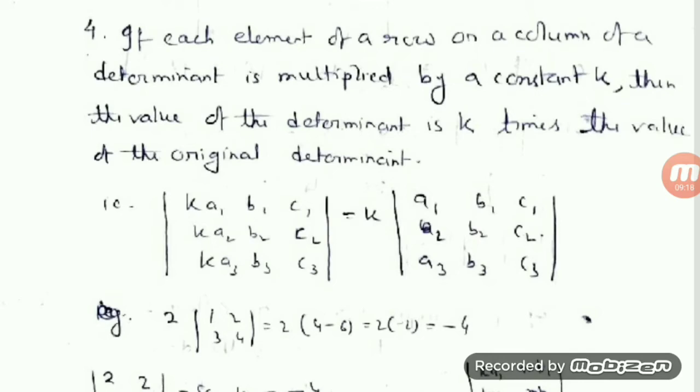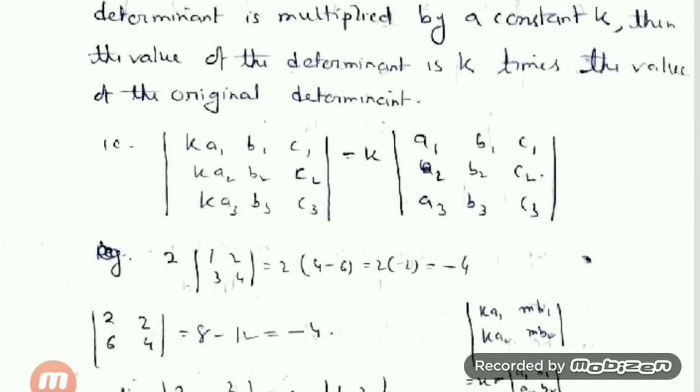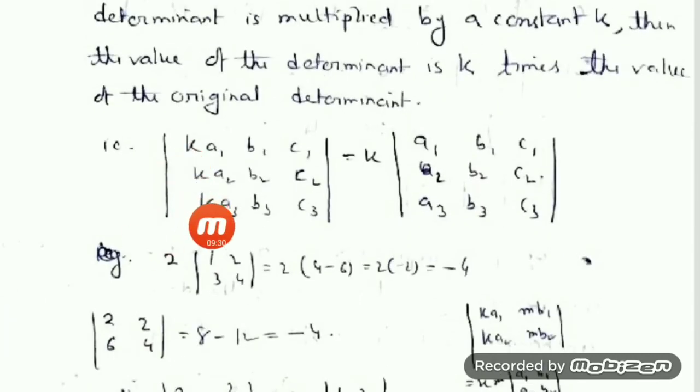Then what you can do? You can take that common element out of the determinant. Suppose here I am taking k common from the first column. Then throughout the whole column k is present. So we can take this k outside and the remaining determinant is this one. That means k times the determinant. Okay. Now you see, let us verify this result.